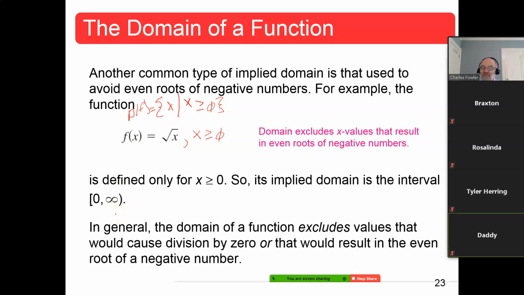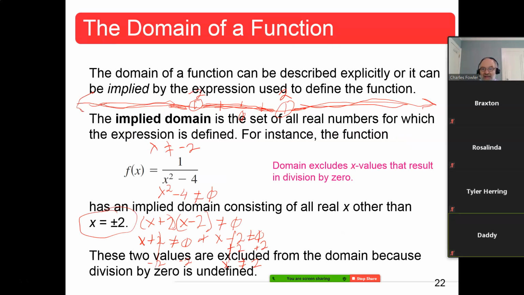So let's go back to the last one. Okay, in fact, I'll screen back there. Here's another way to express this. In set notation, the domain of this f would be the set of all real numbers x such that, just like we said down here, x is not equal to plus or minus 2.